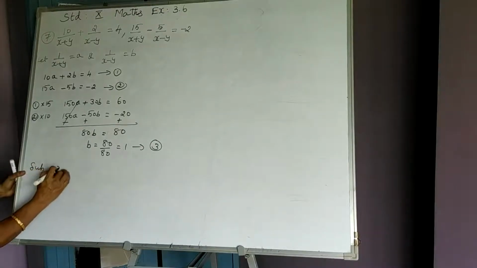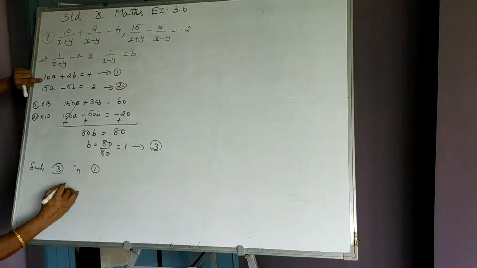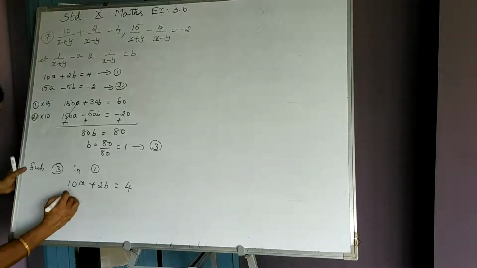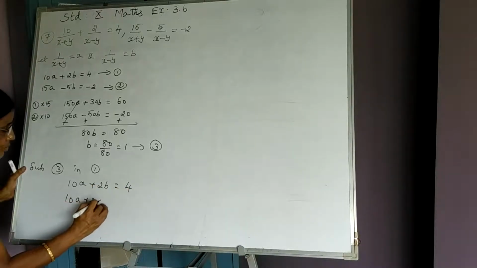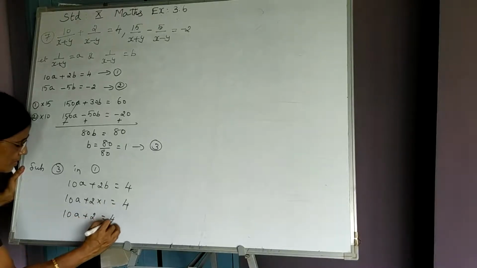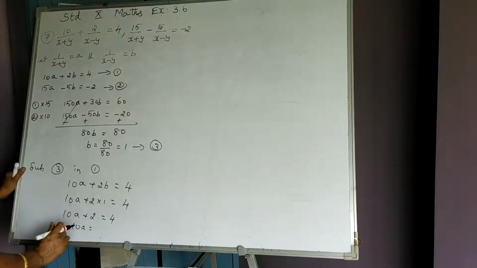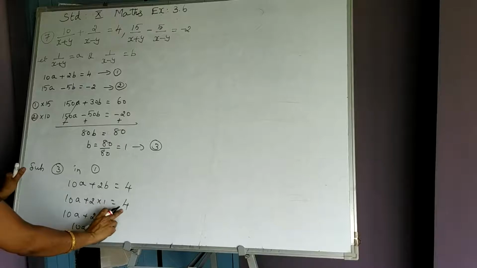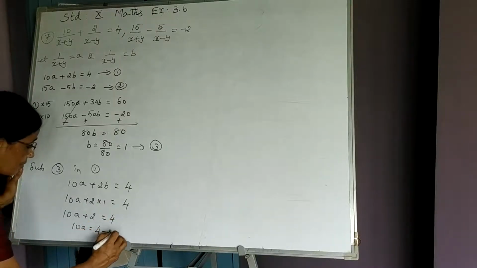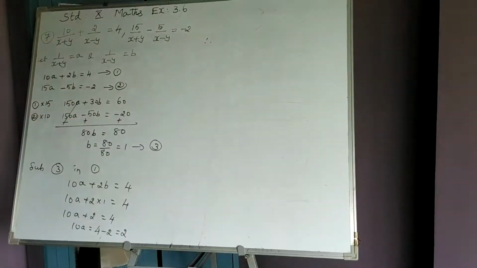So substituting third in the first equation. What is the first equation? 10a plus 2b equal to 4 is the first equation. So 10a plus 2 into 1 is equal to 4. 10a plus 2 equal to 4. 10a is 4 minus 2, which is equal to 2.